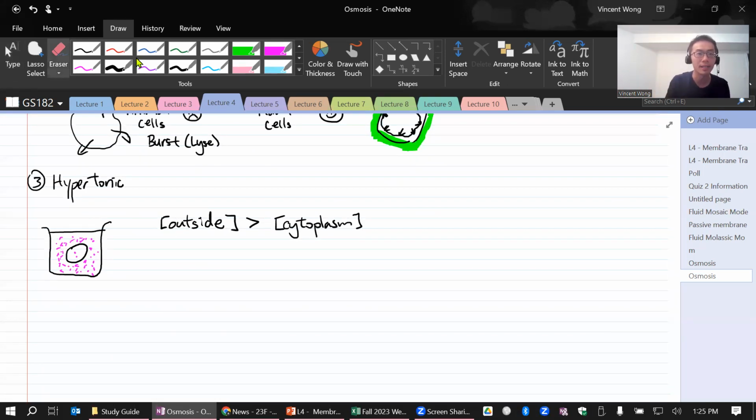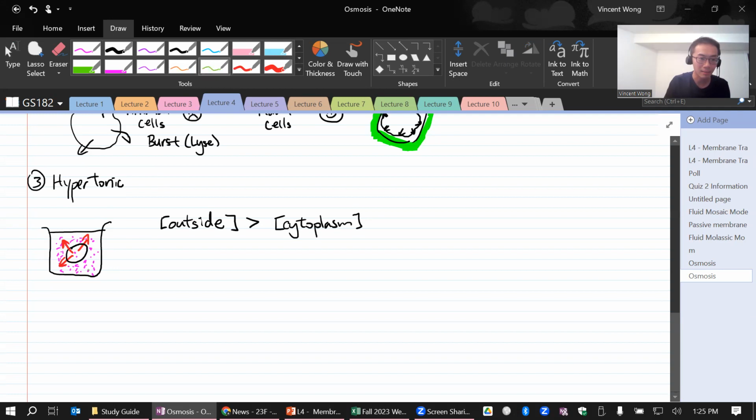Out, out. All right. So we will have water leaving, but remember, it doesn't mean water is not coming in. They are. It's just that you have more leaving than coming in, right? So rate in is less than rate out. Okay.